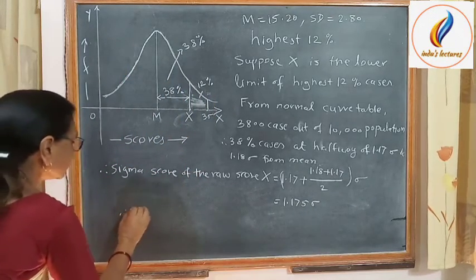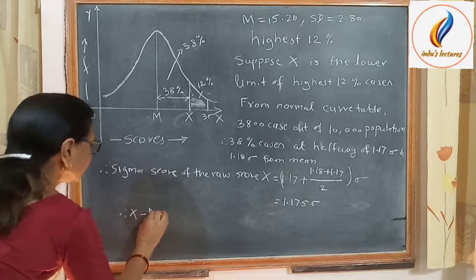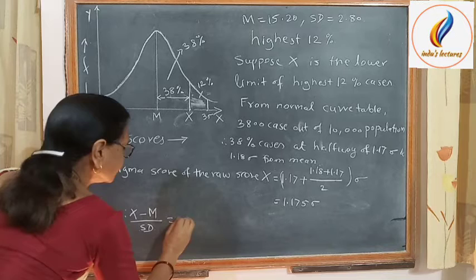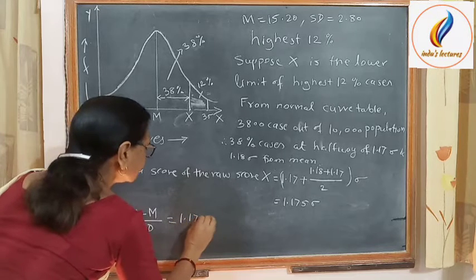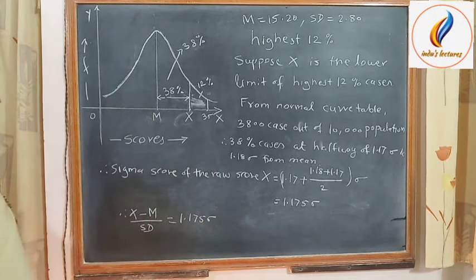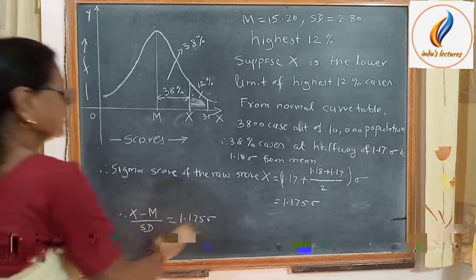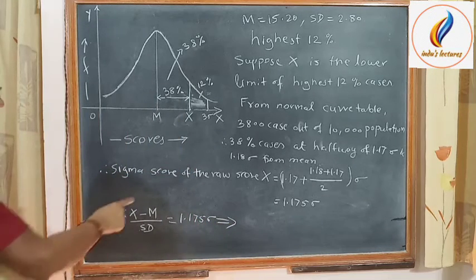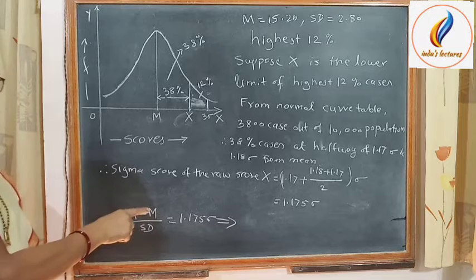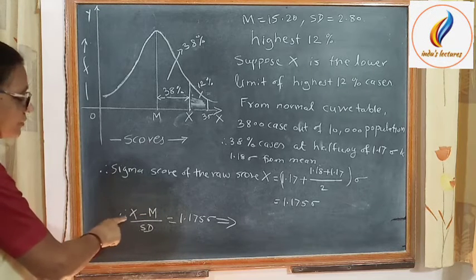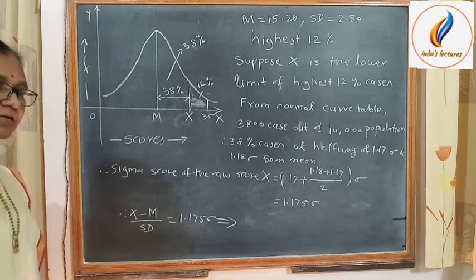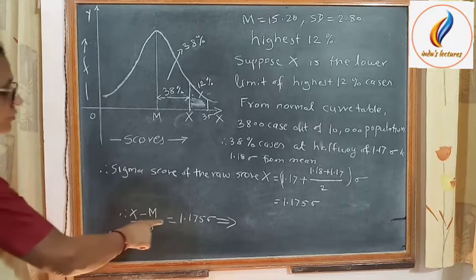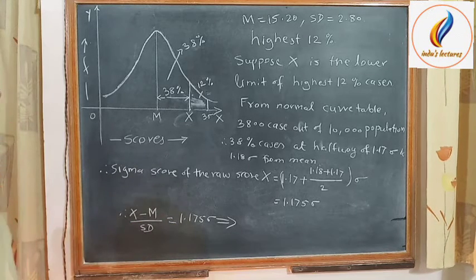Therefore, we can say that (x minus m) upon standard deviation is equal to 1.175 sigma.